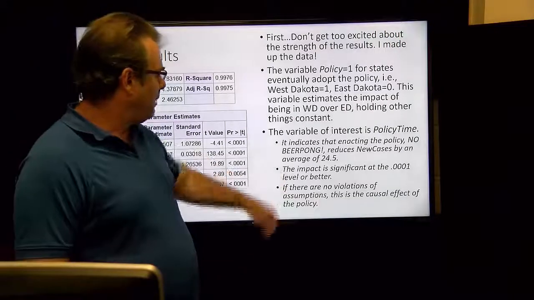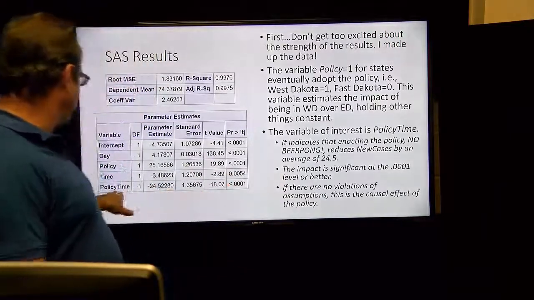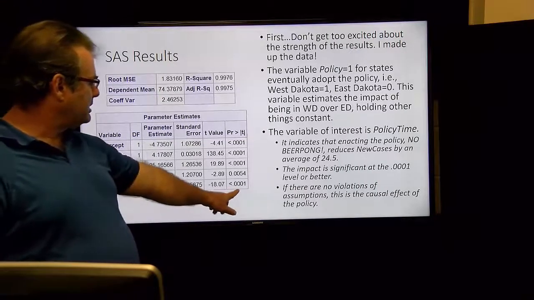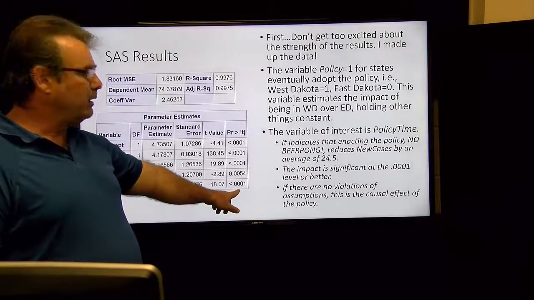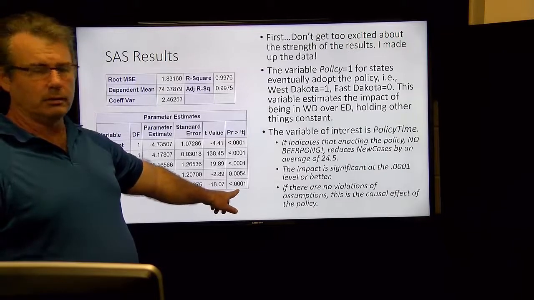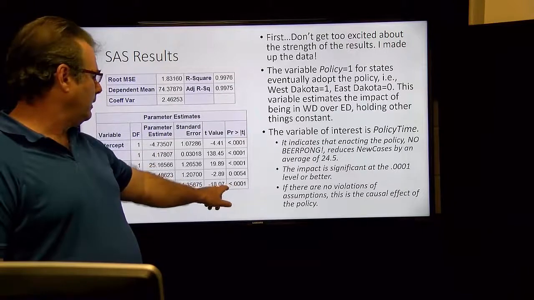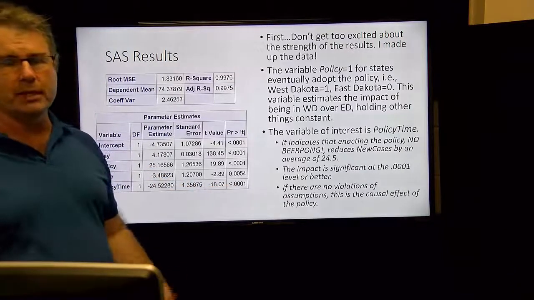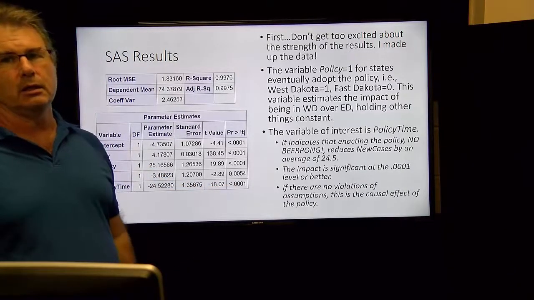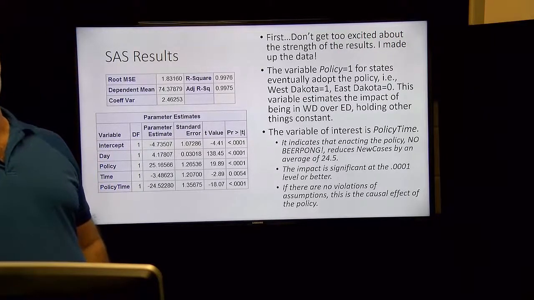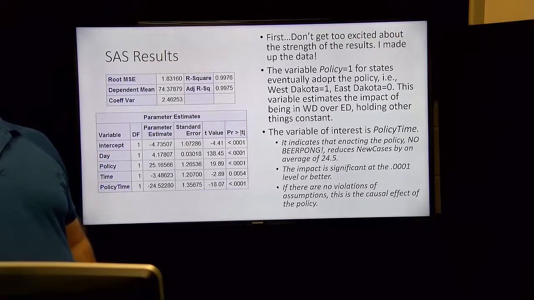Okay? The impact is significant, and so if we look down here, here's the 24.5 and it's negative. The impact is significant at greater than the 1% level. It's actually 0.0001, and you got that little less than sign there, which means it's a good bit less than 1/10,000th instead of 1/100th.